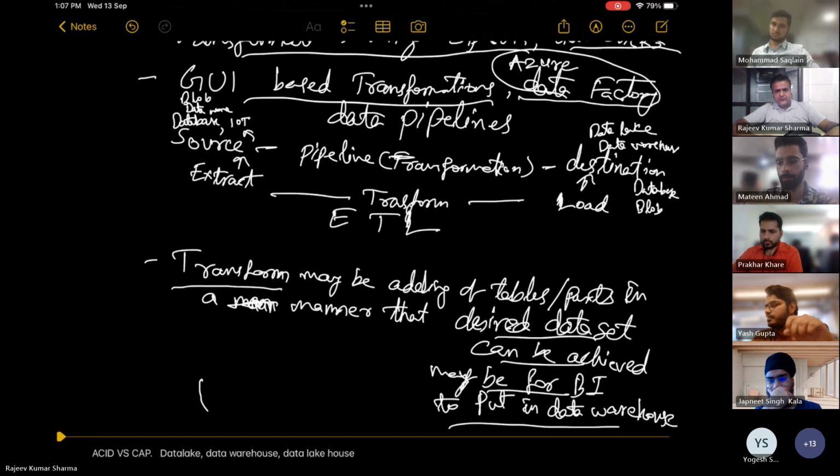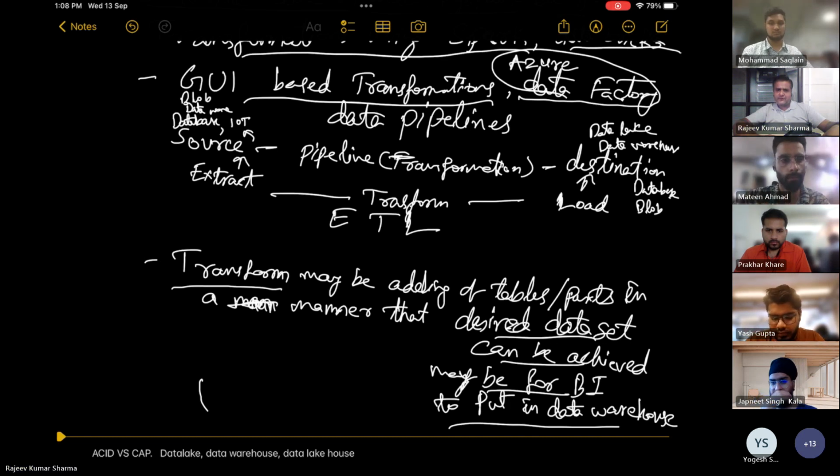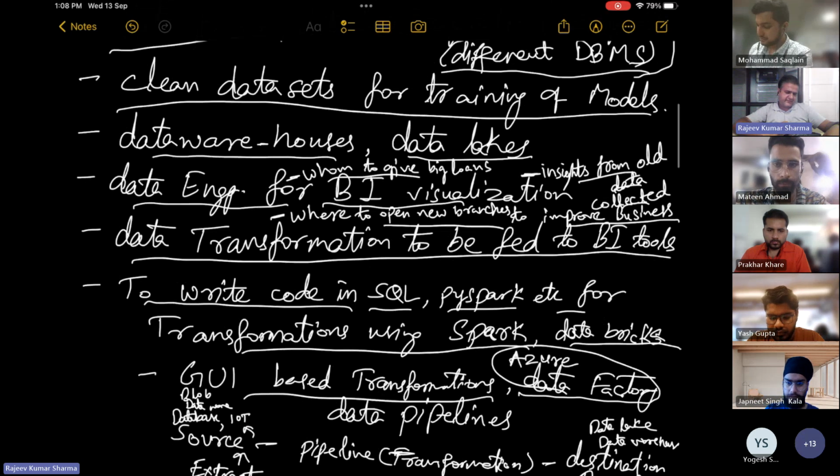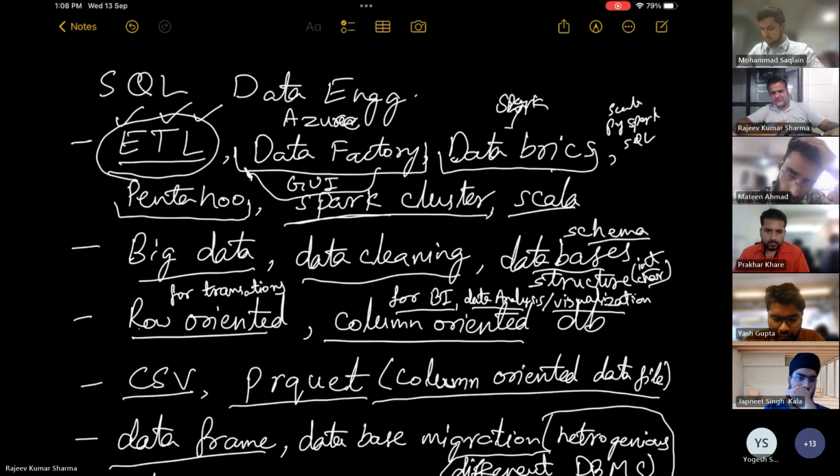Apart from that, you will cover all these things in detail in the advanced sessions taken by the SQL team also. This was just for your basic understanding of what data engineering is, what you will be facing in the industry, and what terminologies you will stumble upon. From this session, I have given you various terminologies and asked you to Google them, so that you get to know how data engineers work in real-world projects.